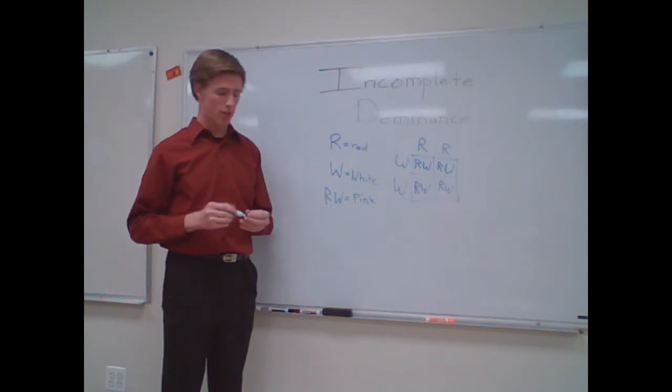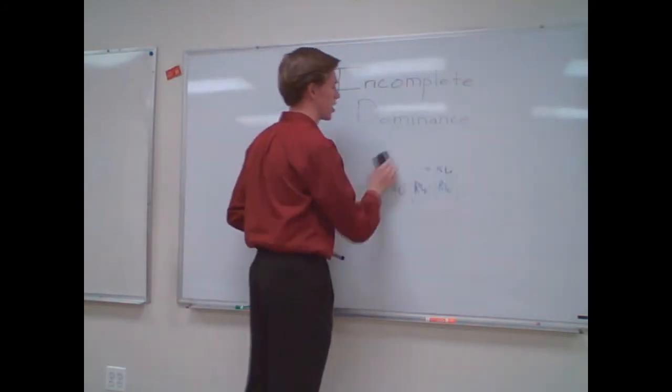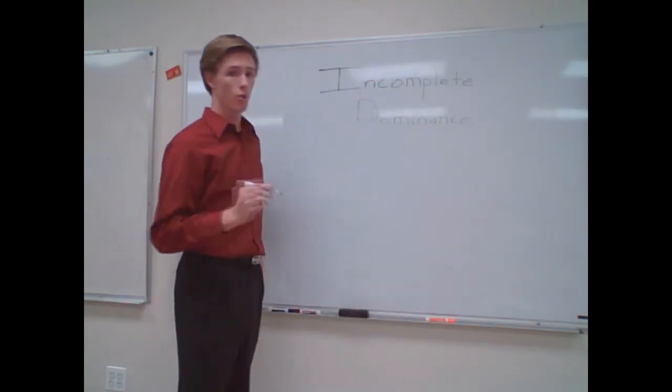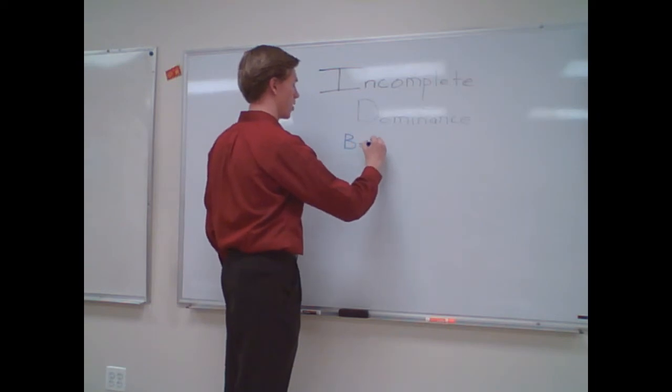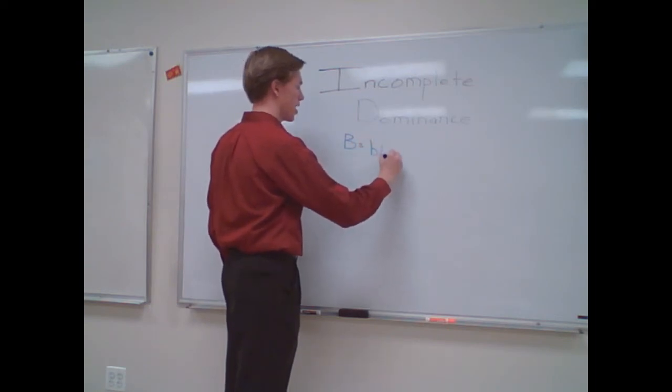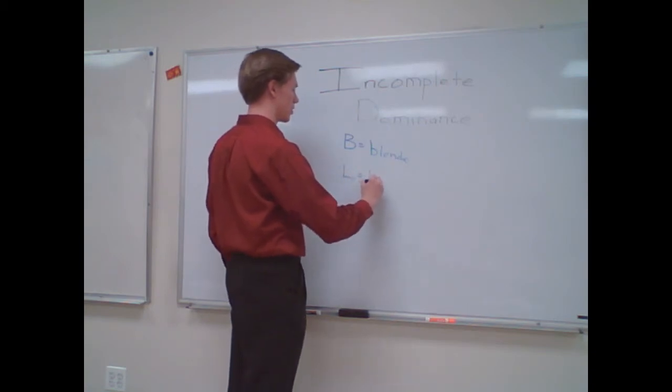So what I want to do is on your worksheet, on the page you're taking notes on, we're going to give you that a B equals blonde hair and an L equals black hair.